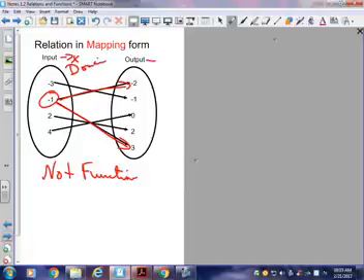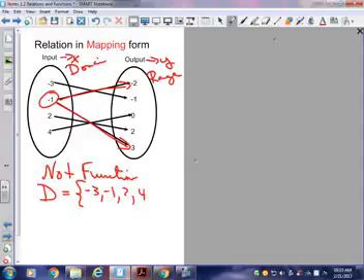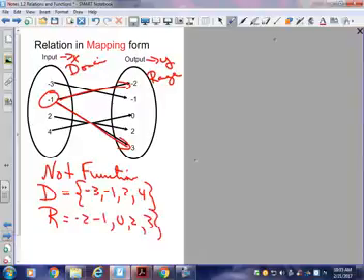And if output stands for y, then this is your range. So in my problem, my domain is -3, -1, 2, and 4. And my range is -2, -1, 0, 2, and 3. So therefore, not too hard to copy those numbers down.